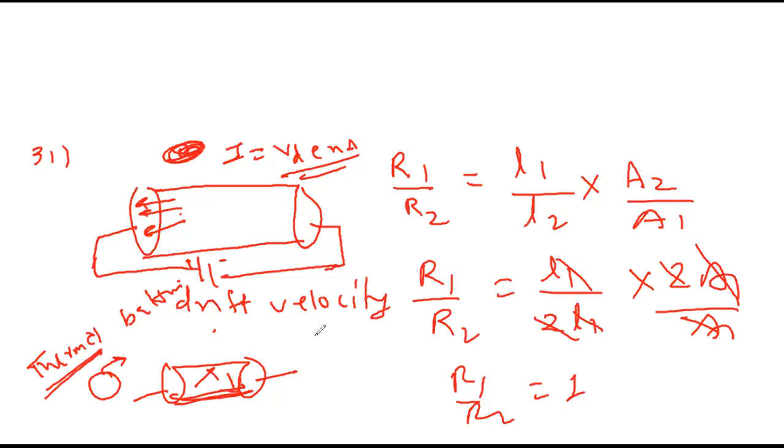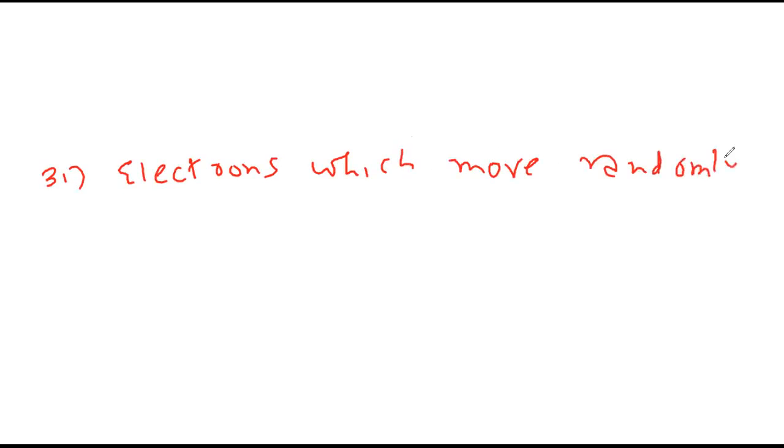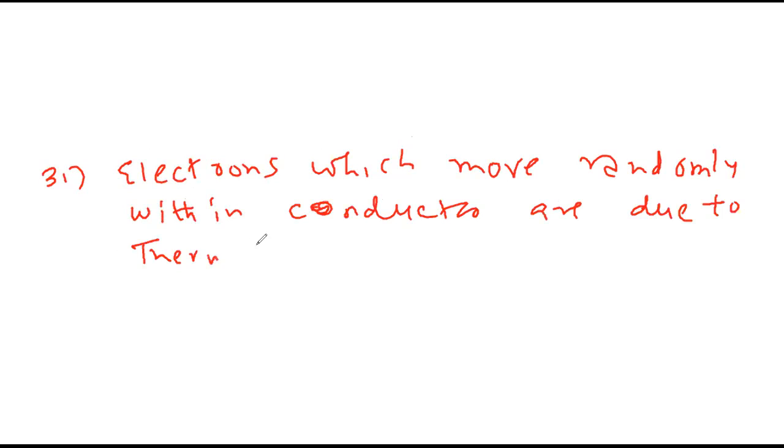Thermal agitation. That means the electrons which move randomly within the conductor are due to thermal agitation.